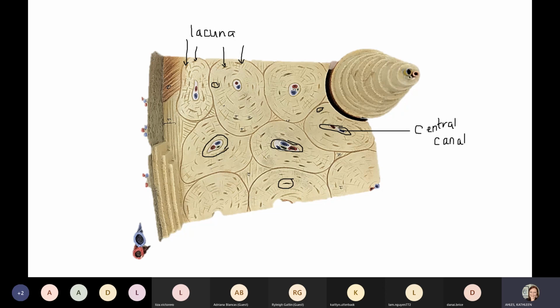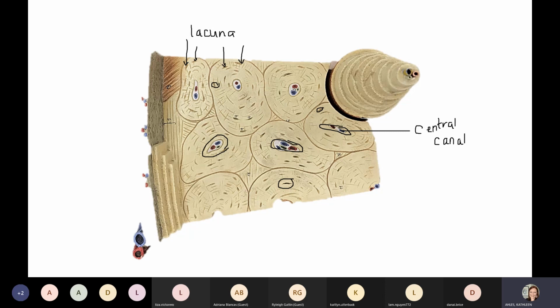When we're looking at compact bone from this view, we also see a special arrangement that those lacuna, those homes, go in. So let me type here for us in the chat what they're called. They're called lamellae. Think of the word lamellae like line. So I put my bone cells in lines called lamellae.